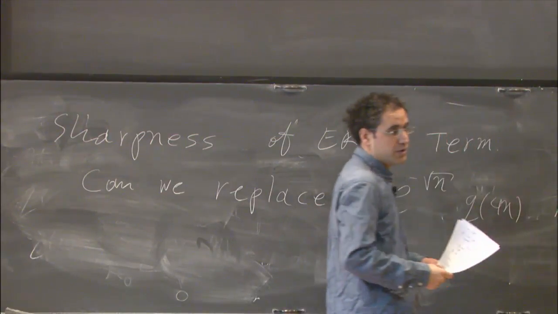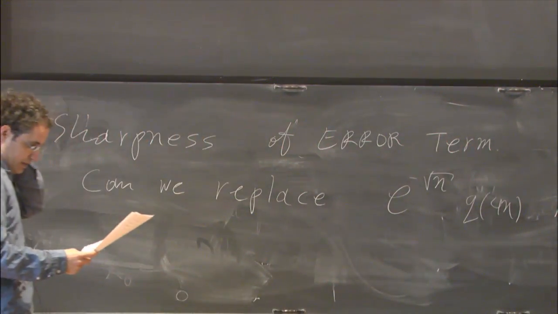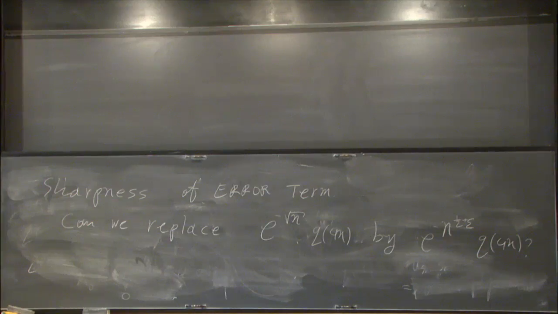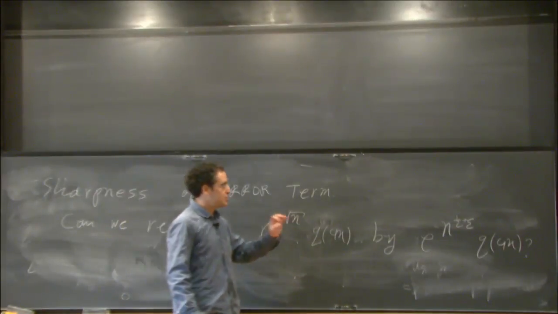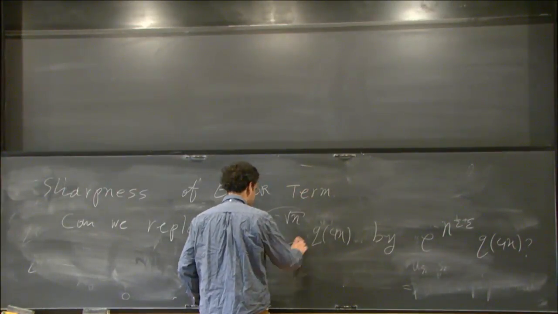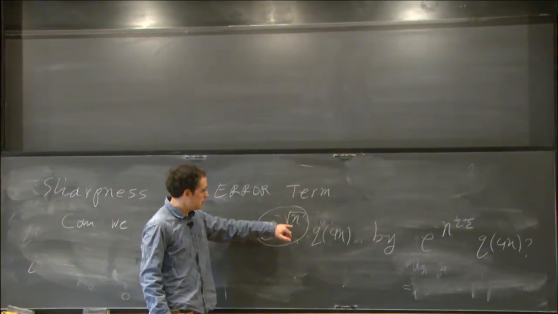Maybe a stronger one, with a smaller error. And you're asking this for general absolutely monotone functions, and not necessarily this specific one. For general absolutely monotonic functions, it's not true. This is part of why the question is interesting.